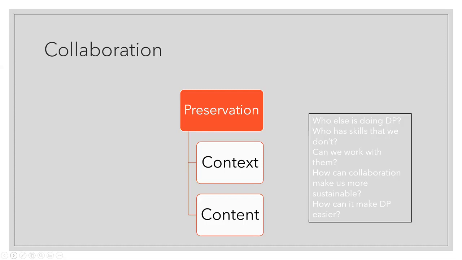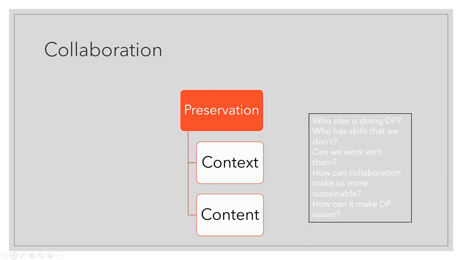Is it possible to collaborate and get storage cheaper? Is it possible to collaborate and have access to people with IT skills that we wouldn't otherwise have within our archive, which is certainly much better than trying to hire a whole new staff member?